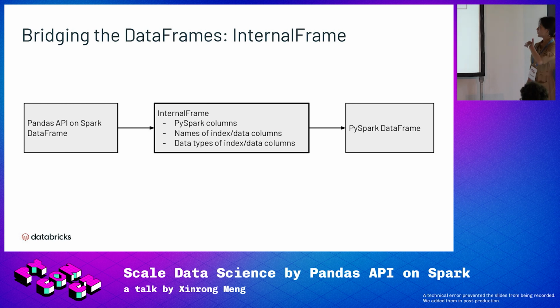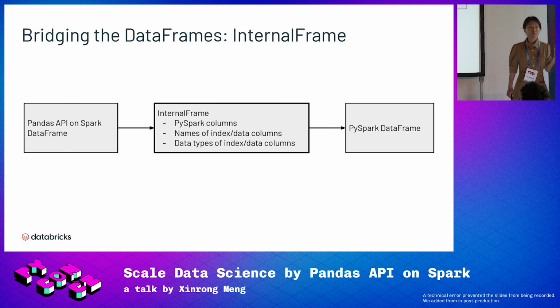Before we delve into the internal frame, I wanted to set the stage: in Pandas on Spark, a data frame, a series, and an index are all backed by a PySpark frame. We've already seen the differences between a Pandas on Spark frame and a PySpark frame. Now we will see how the internal frame fills in the gap.